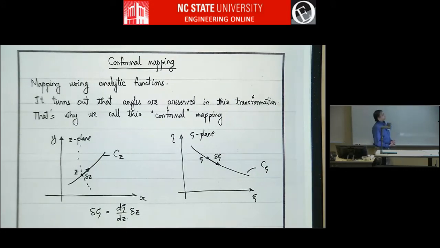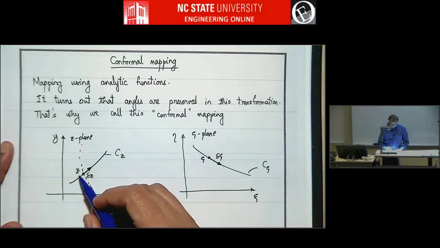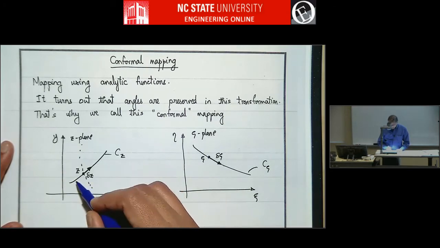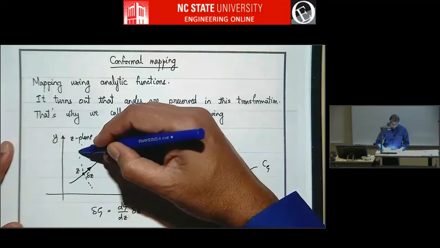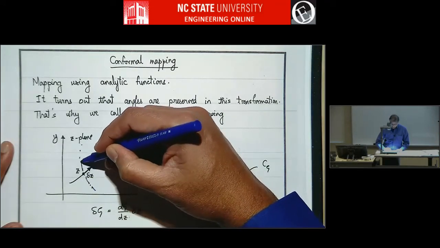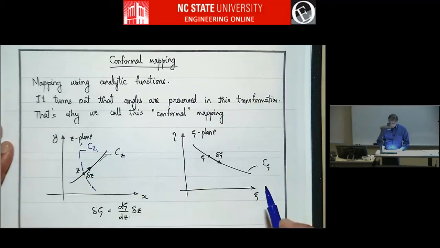Whenever you do mapping with analytic functions, that kind of mapping is called conformal mapping. The reason is that all angles are preserved in such transformations, and that's why it's called conformal. Let's say in the z-plane you have a curve C_z, and then another curve that I'm showing with this dashed line, let's call this C_z1.